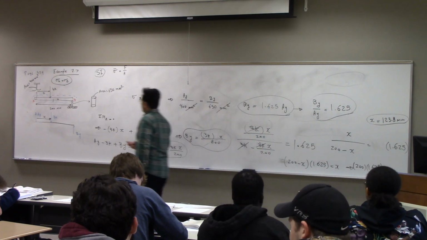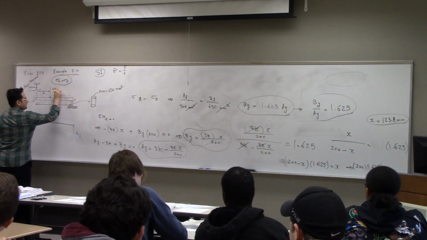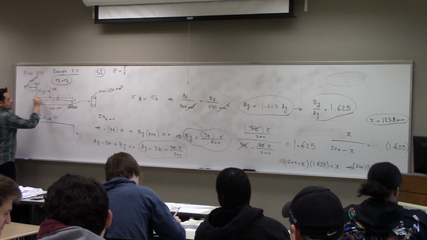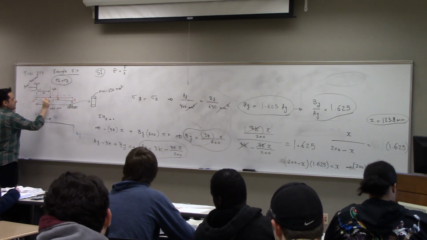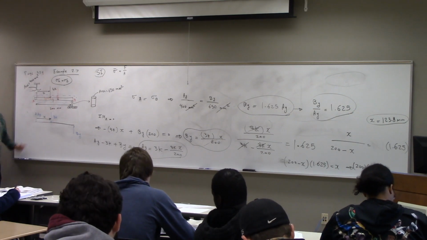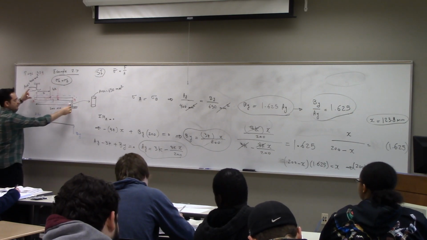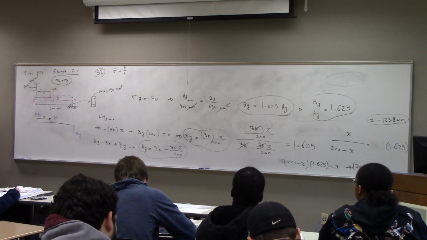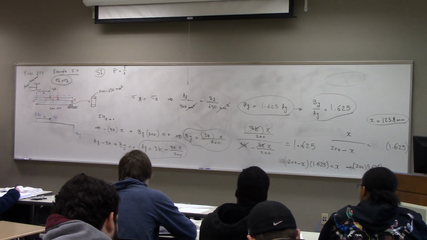So the load must be here. So that's 124 millimeters. If you put the load here, the compressive stress or normal stress in both rods becomes exactly the same.